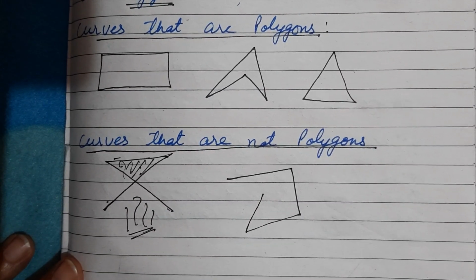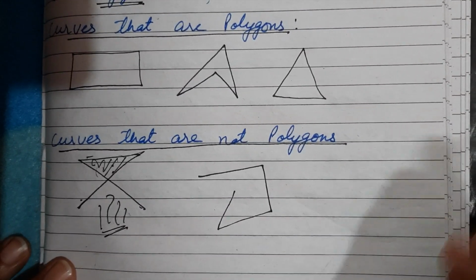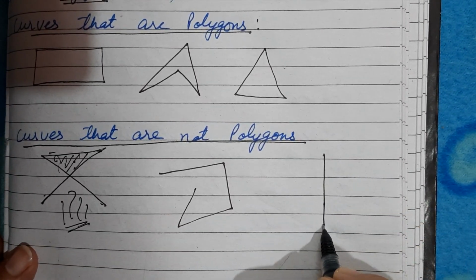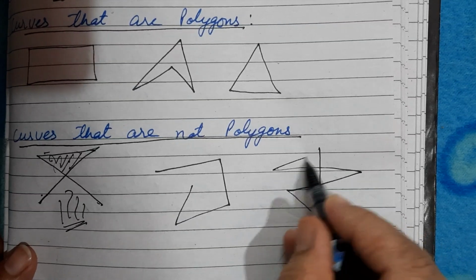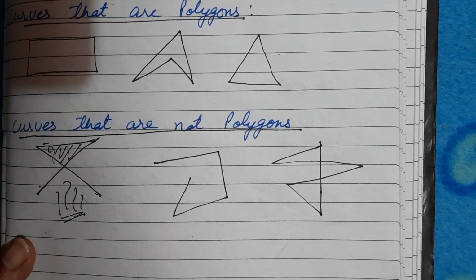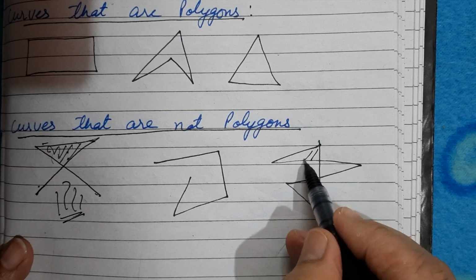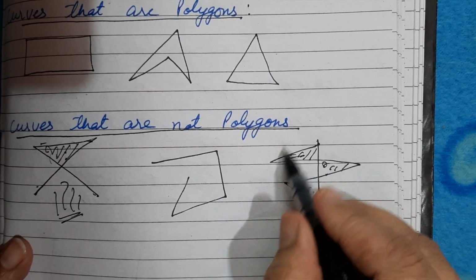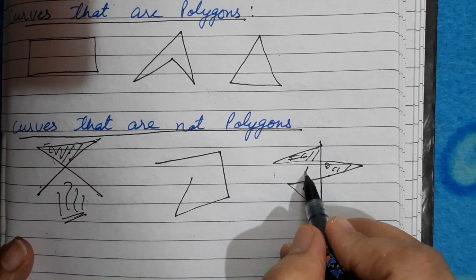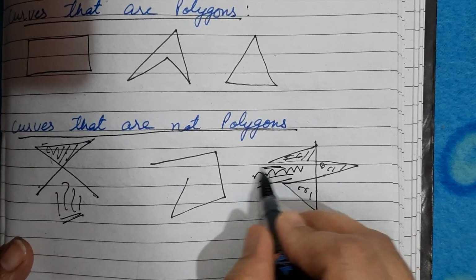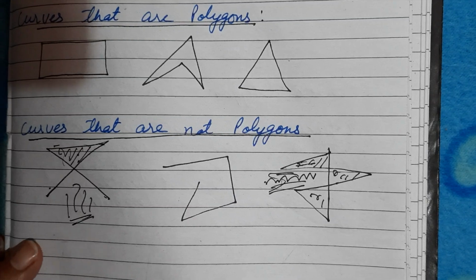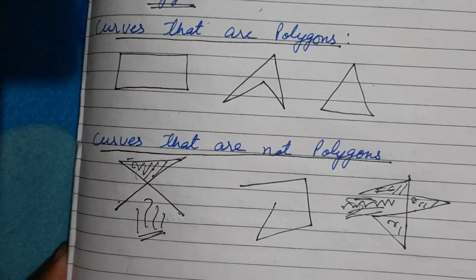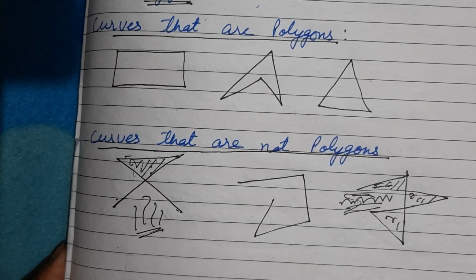So this figure is also not a polygon. So what about this figure? If I see, this is closed, this is also closed, but together, from this side it is open. So this figure is not a polygon. So this is the difference between curves which are polygons and which are not polygons.